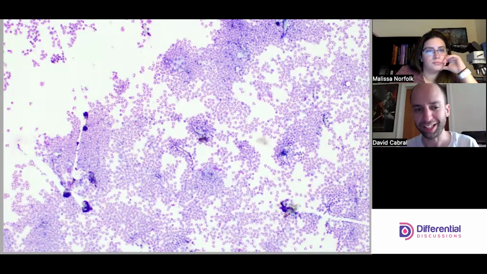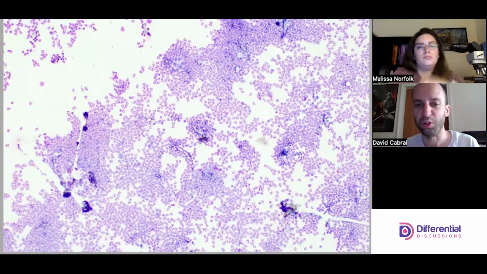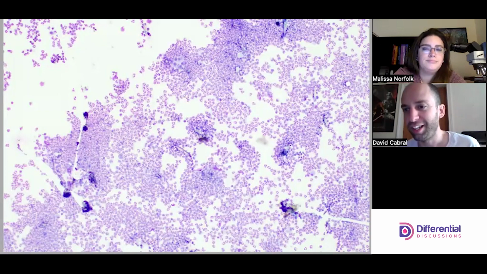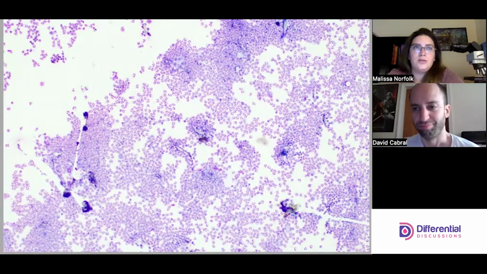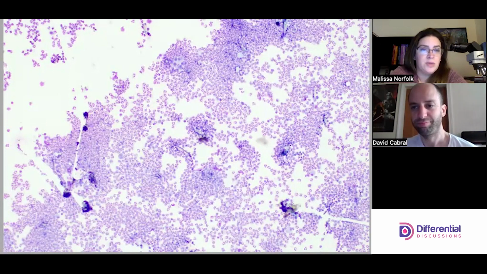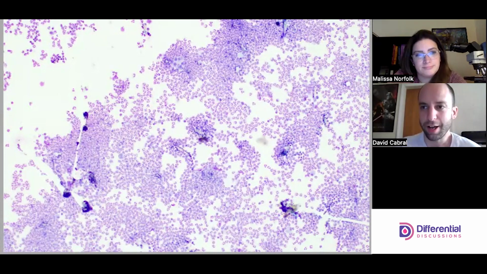Joint fluids have a typical, normal look, which jibes with what I might expect to see on 10x, on low power. The other thing with synovials is you're generally not going to see malignant cells. So I think they're easier in a sense. You're not as on guard.